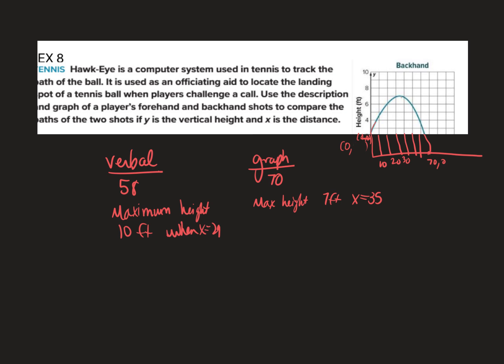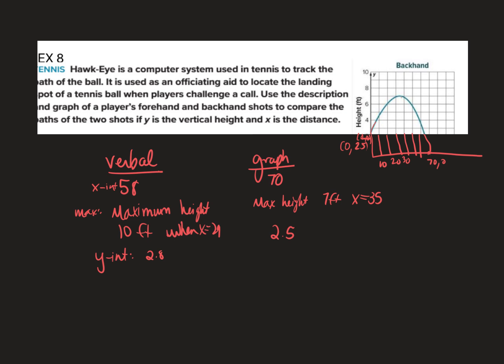The description says 2.8. This actual graph, it's 2.5. And so our y-intercepts are different. So this was x-intercept, and this is max or extrema, and our y-intercept is different. Our y-intercept for the description that I've read to you is that it's 2.8 feet high, and our graph is actually 2.5 feet high.